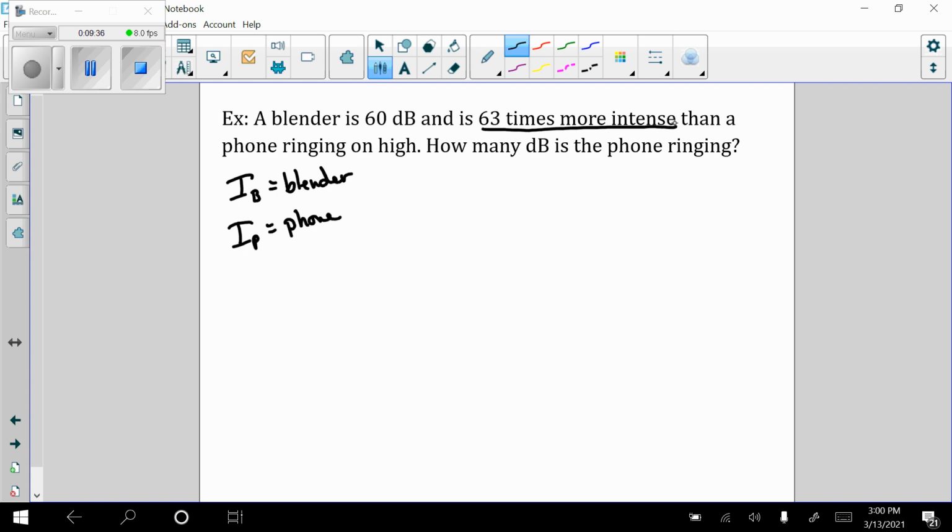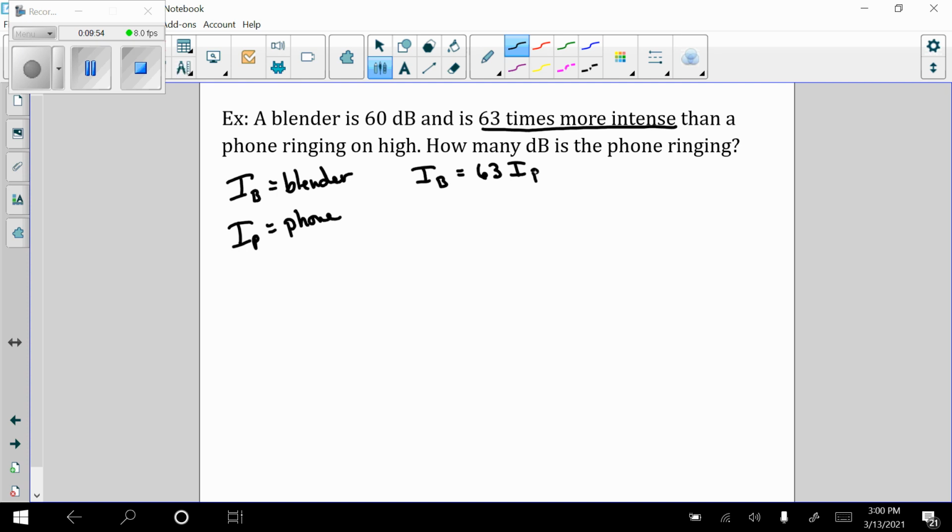So if I take my phone and multiply it by 63, I get my blender. So I sub B, or the blender, is equal to 63 times I sub P, because remember the phone is weaker than the blender.